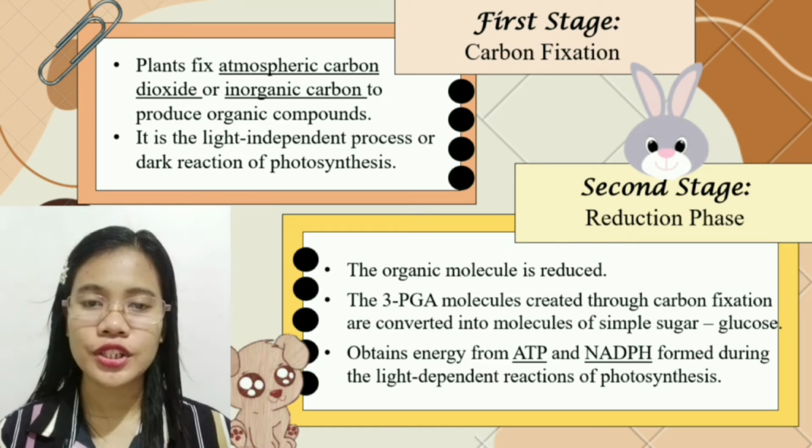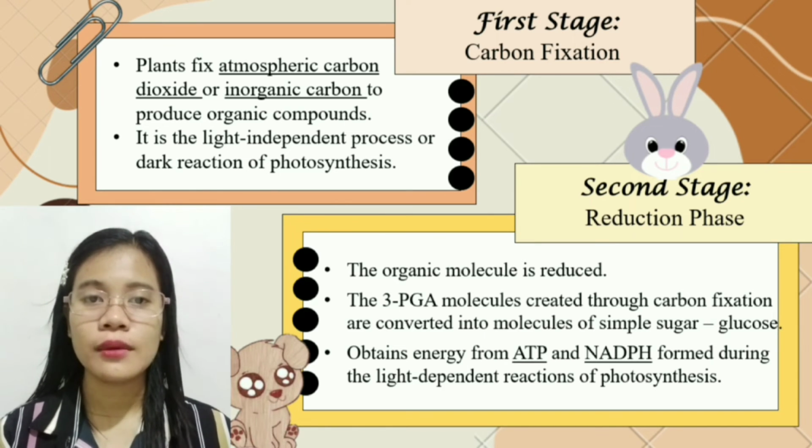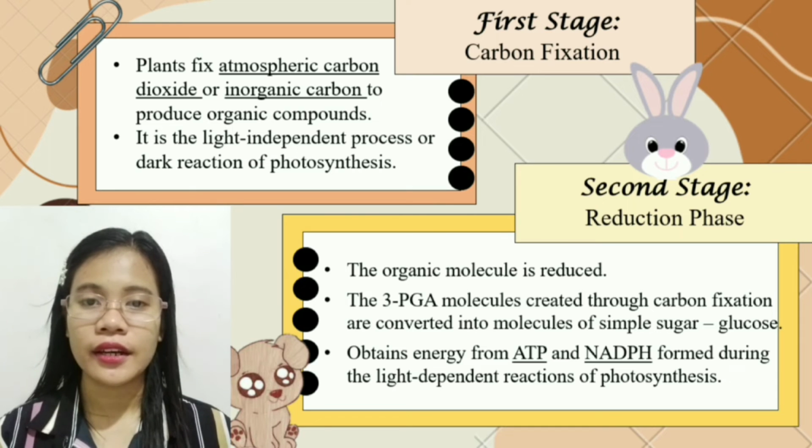The first stage is known as carbon fixation. It is the process by which plants fix atmospheric carbon dioxide, or inorganic carbon, to produce organic compounds. It is the light-independent process, or dark reaction, of photosynthesis.